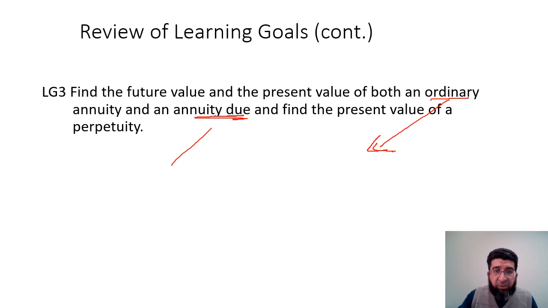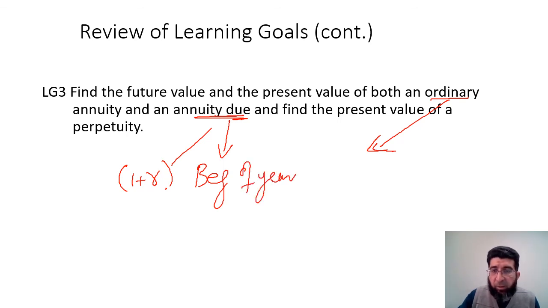In annuity due, we have 1 plus r multiplied to both present and future value, in order to take into account one extra time period that is part of annuity due. Also, annuity due is always beginning of the year and ordinary is always end of year.